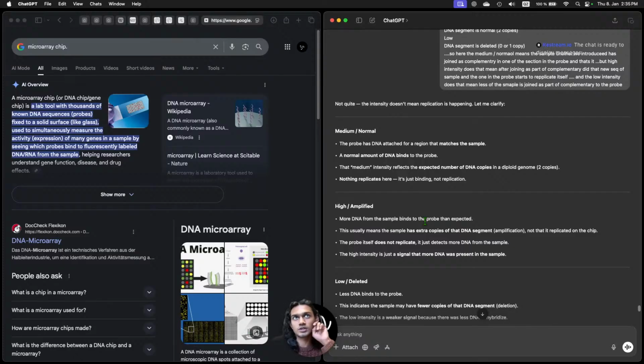This usually means the sample has extra copies of the DNA segment, not that it replicated on the chip.